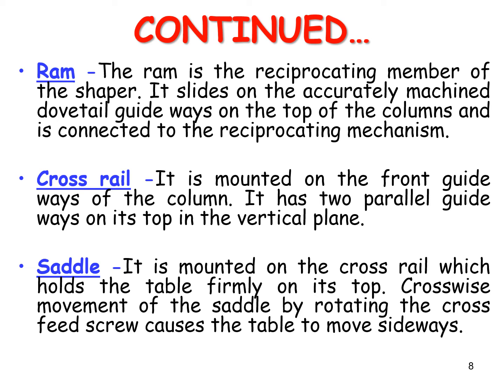It has two parallel guideways on its top in the vertical plane. Saddle: it is mounted on the cross rail and holds the table on its top. Crosswise movement of the saddle is by rotating the cross feed screw, moving the table along the slide base.